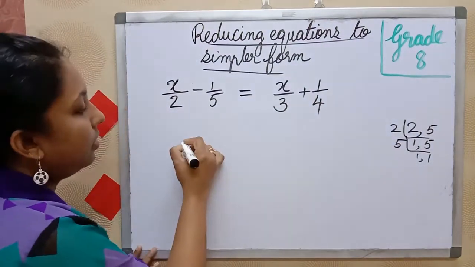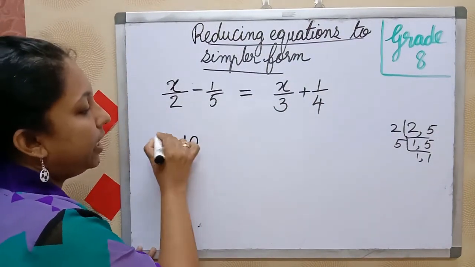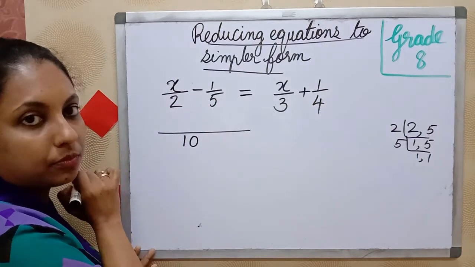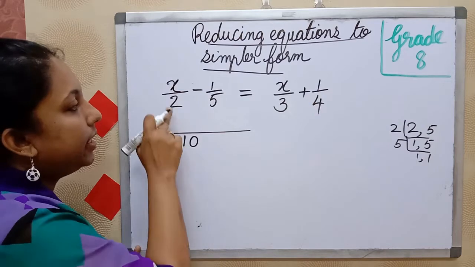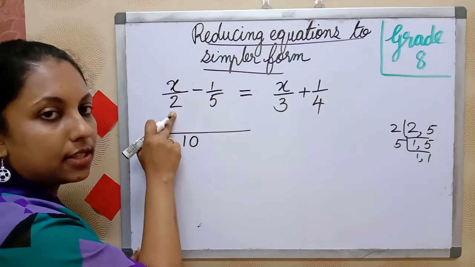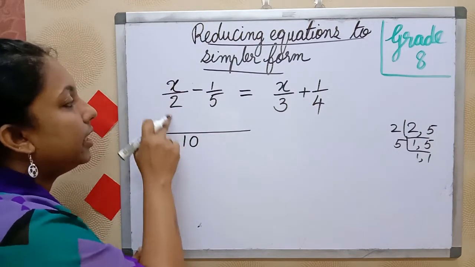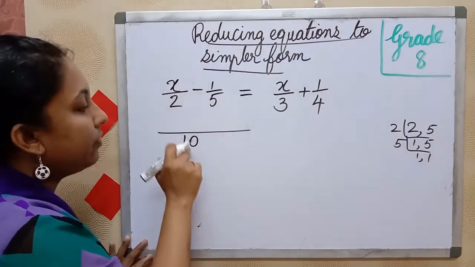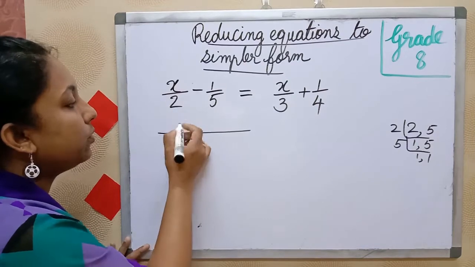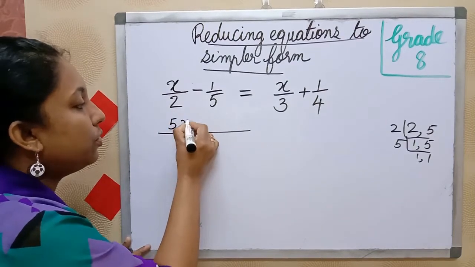2 into 5, 10. So 10 upon, as you learned already, 10 divided by 2. I discussed in the previous classes also. First you have to take the LCM as denominator, and divide it by the denominator. 10 divided by 2 is 5, into numerator.